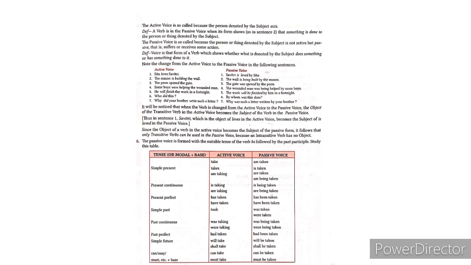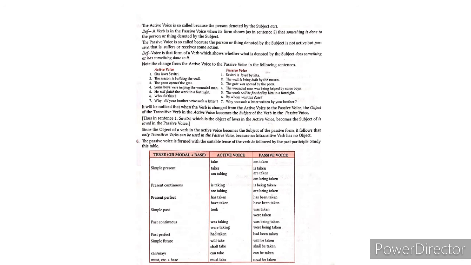So in active voice, the subject is doing something to the receiver. For example, Sita loves Savitri. Sita is loving Savitri. Sita is your subject, love is your verb, and Savitri is the person receiving the love. So it's active voice.